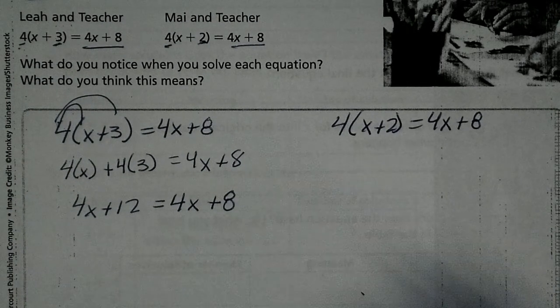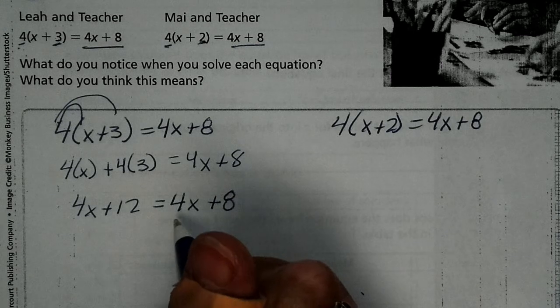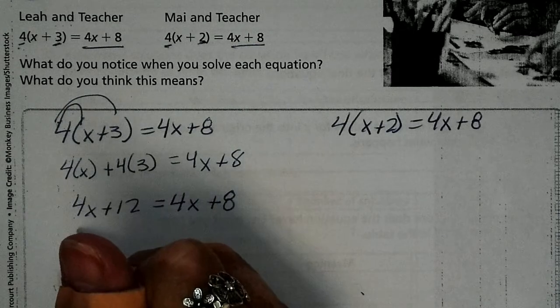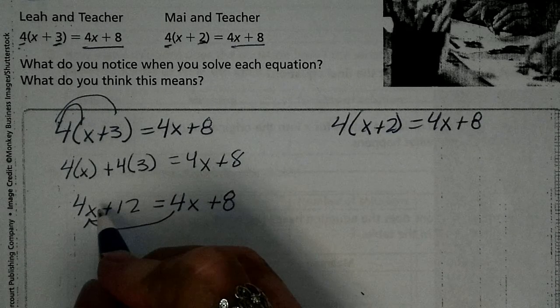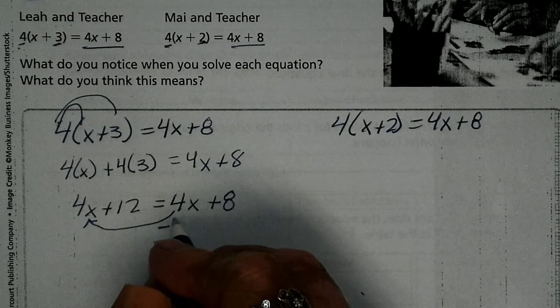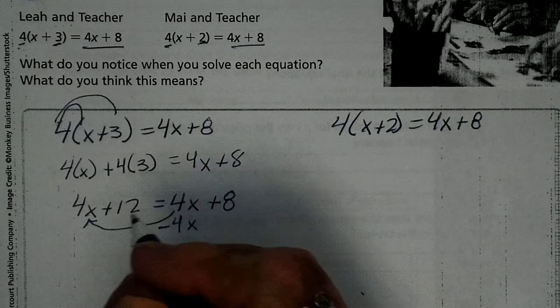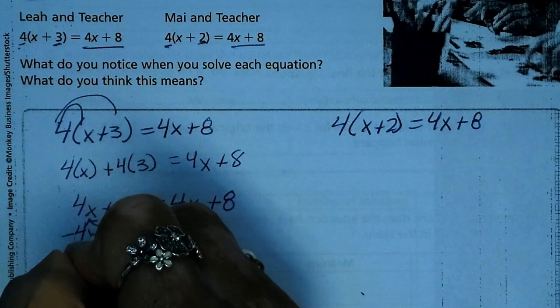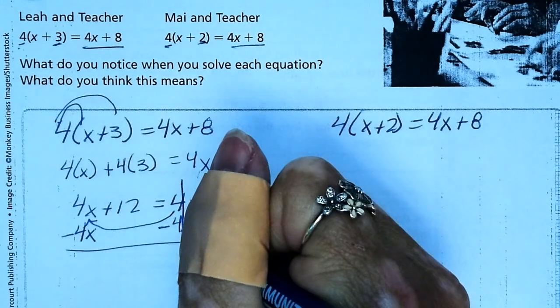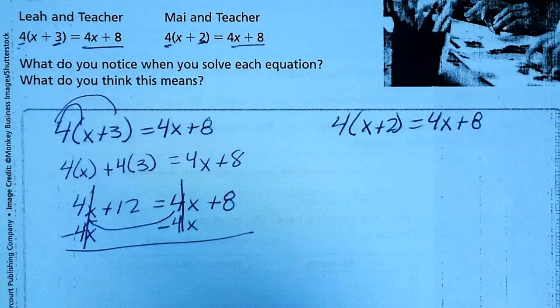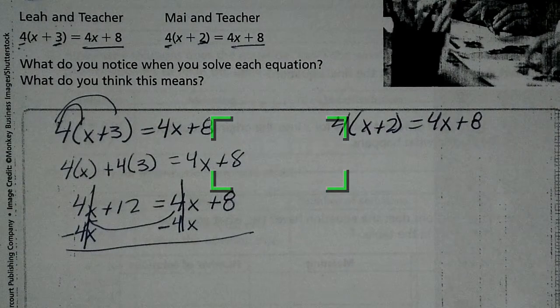All right, so hopefully you notice that I'm going to have to combine my x's. So I'm going to have to bring it over here. But what happens is when I subtract my 4x from both sides, it cancels here and it cancels there.